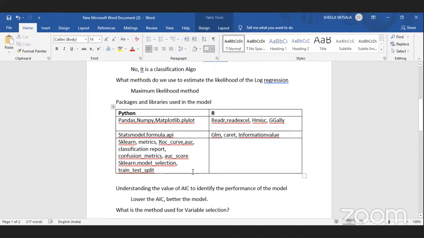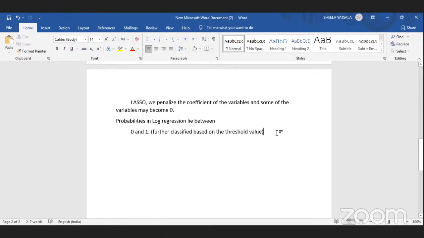Before we come to this, there are 4 things that we have to remember. What is confusion matrix?